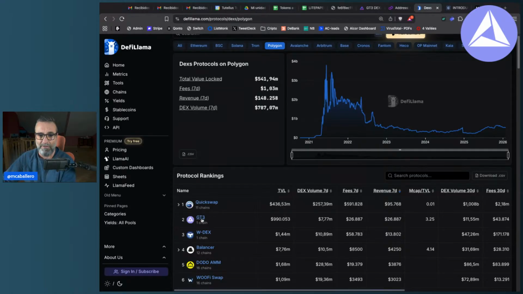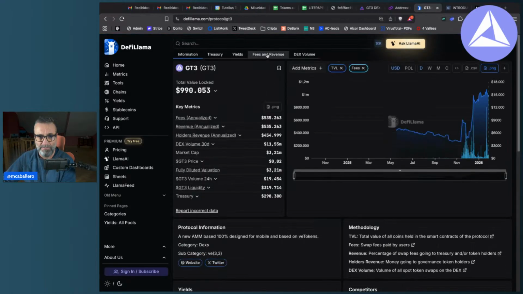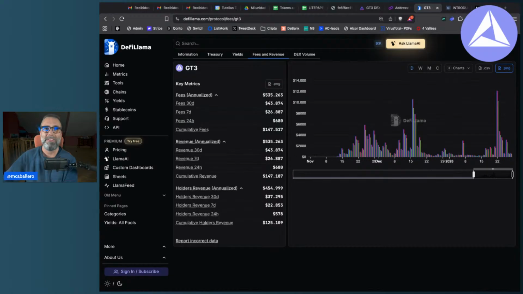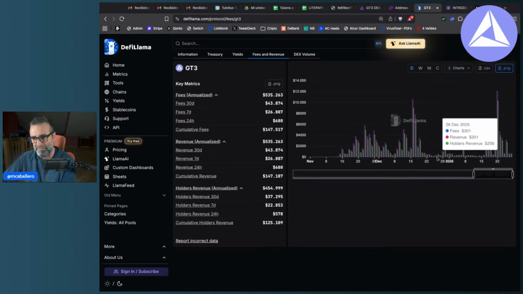This passive income, these revenues we generate, we share with the holders, the GT3 lockers. This is again something unique in the market. Since today is the 28th of January, since the 28th of December we have generated around $44K in fees and revenues.